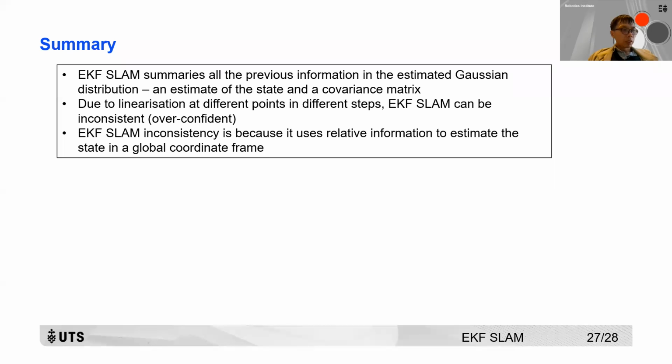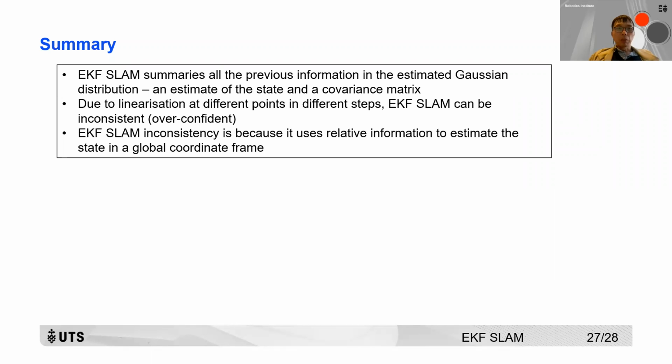Because of this kind of research, many people have come up with different strategies to improve EKF SLAM consistency, for example, robot-centric EKF SLAM and the first-Jacobian EKF SLAM. But I would say they are not as elegant as the invariant EKF that Yang will talk about next week.